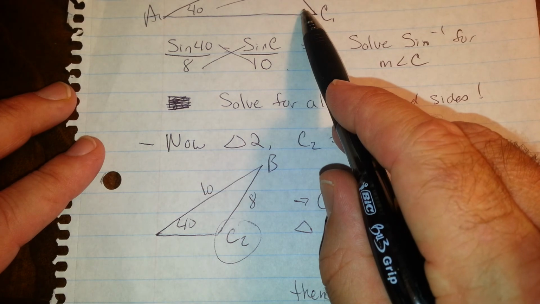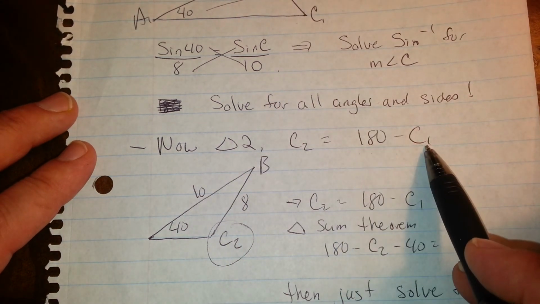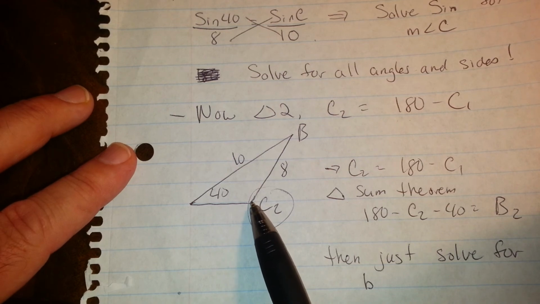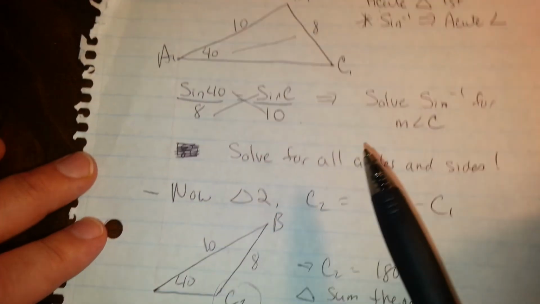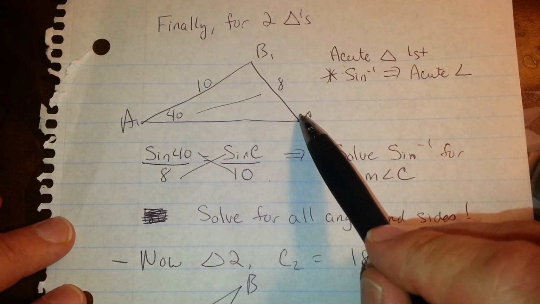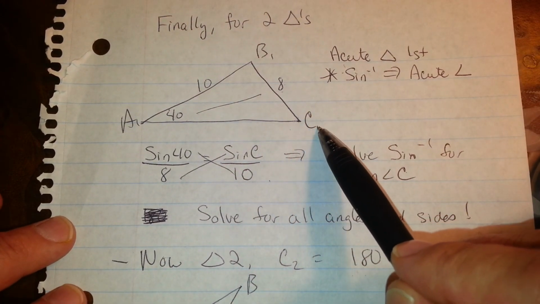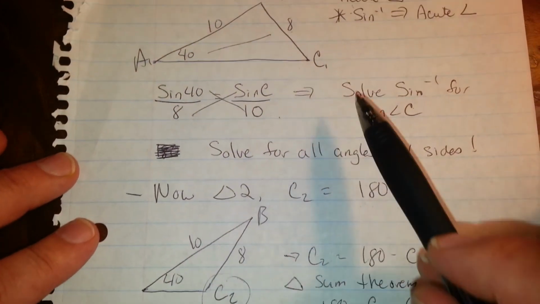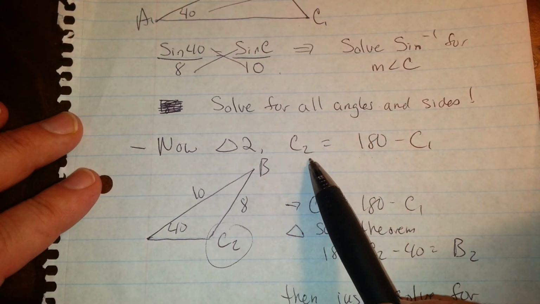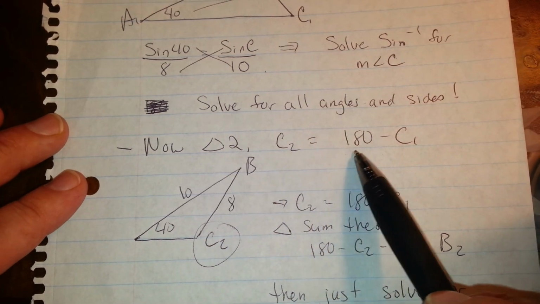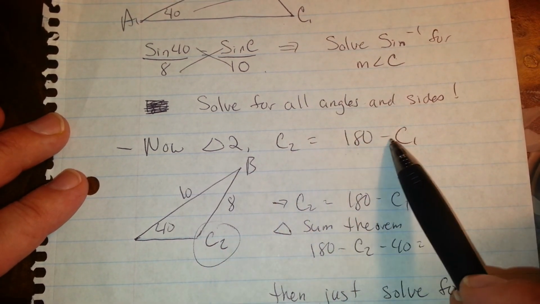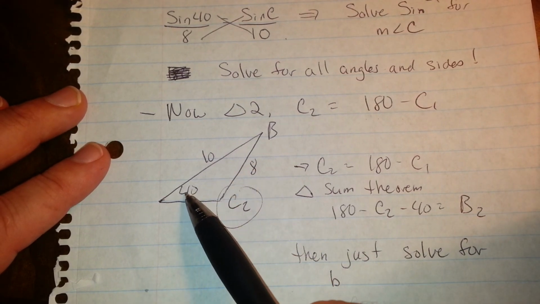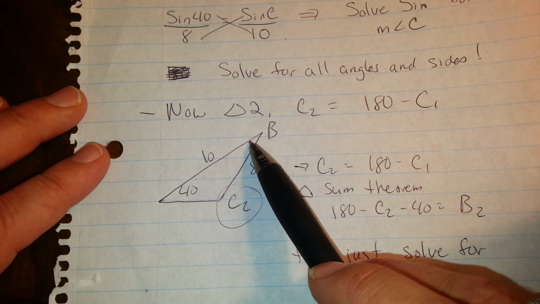If this was 30, this is 180 minus 30, and this would be 150, all right? So for your second triangle, all you have to remember is C1 from the first triangle. Your next triangle that you have, this angle is 180 minus this. C2, we'll call it C2 for the second triangle, 180 minus C1, okay? I immediately figure out 40 in this, and I figure out this third angle.